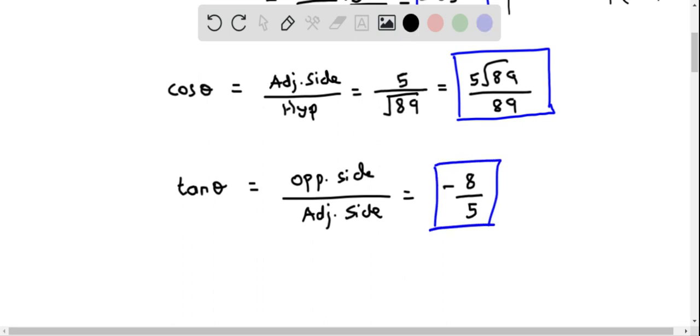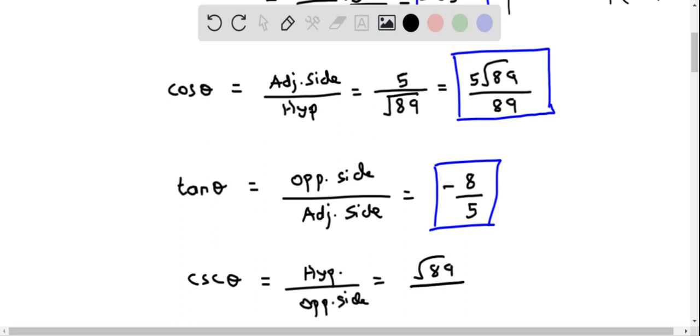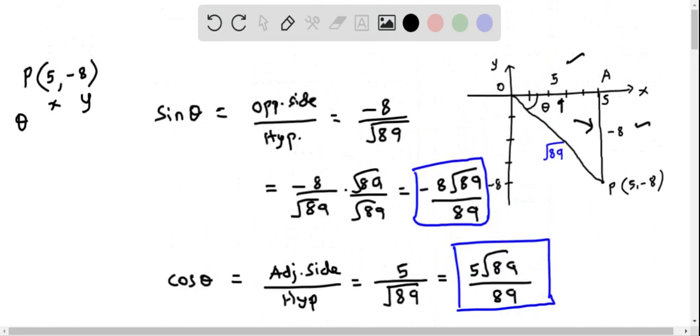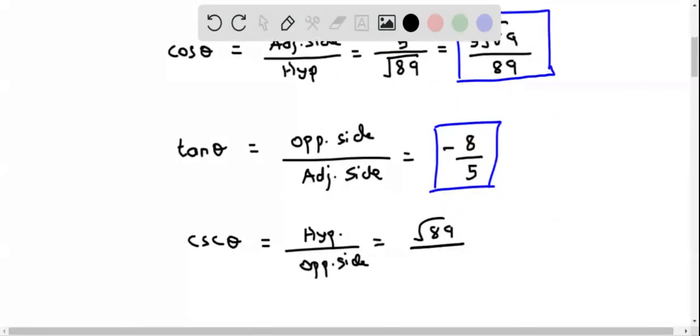Now we will find the other trigonometric ratios, starting with cosecant theta, and this equals, according to SOH CAH TOA, hypotenuse over opposite side. The hypotenuse length is square root of 89 over the opposite side to theta, which is negative 8. So this can be written as negative square root of 89 over 8.